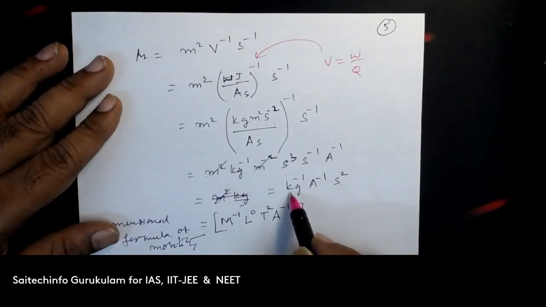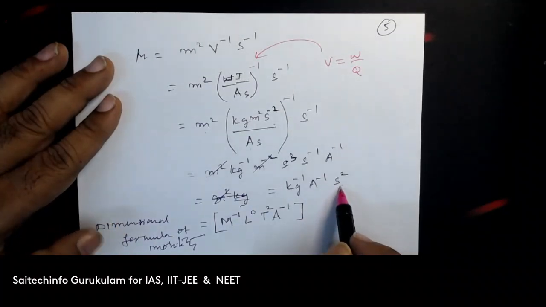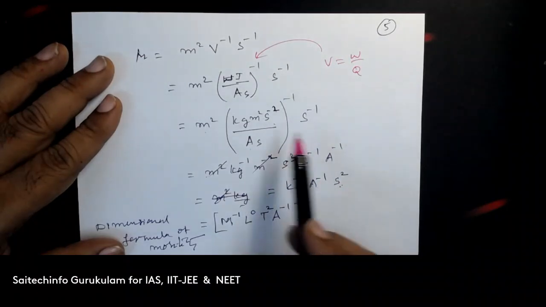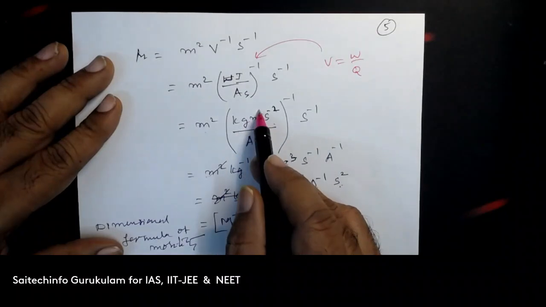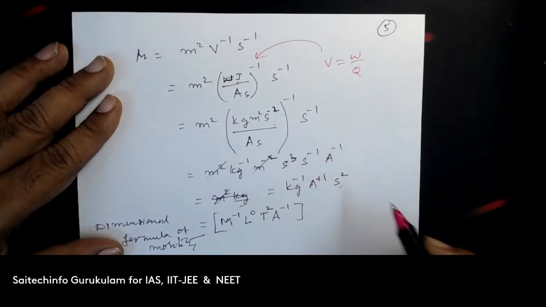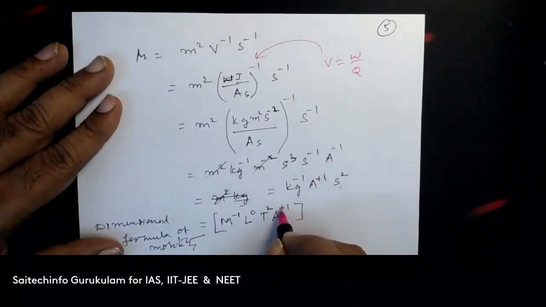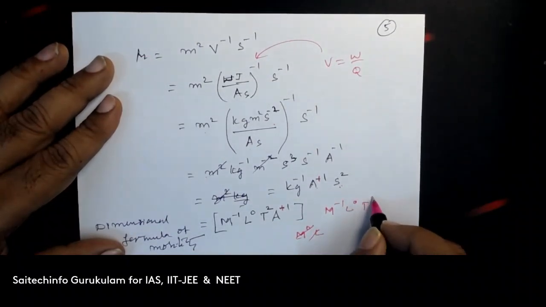Now kg inverse per ampere and second squared. In fact, when you take this ampere, when it goes up it becomes per ampere, and once again minus or minus plus, you can put plus here. So it is plus 1 ampere simply, or you can write M power minus 1 L power 0 T squared ampere.